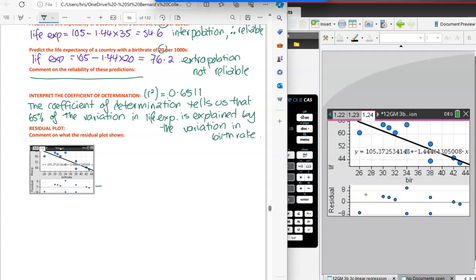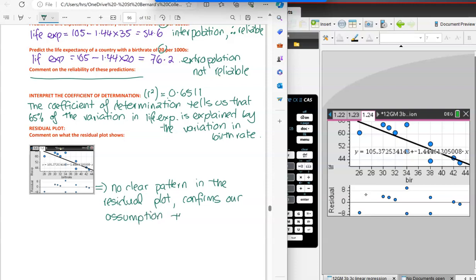Now we're going to say there's no clear pattern in the residual plot, which confirms our assumption that the association is linear.